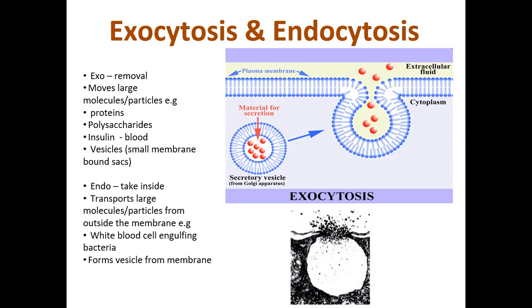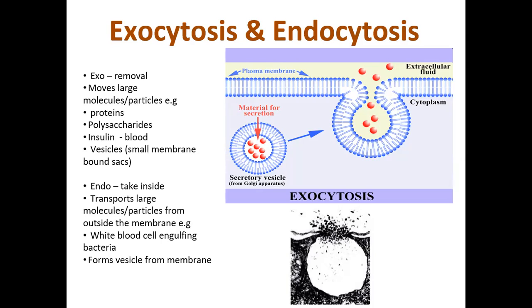Exocytosis basically is we have a secretory vesicle, which is made in the Golgi apparatus, with whatever we're going to excrete inside the middle of it. For example, this could be insulin. The secretory vesicle is just made up of another type of phospholipid bilayer, in a circular form.